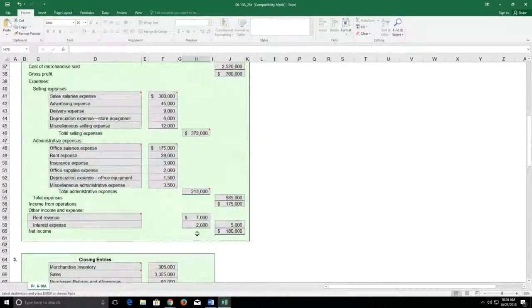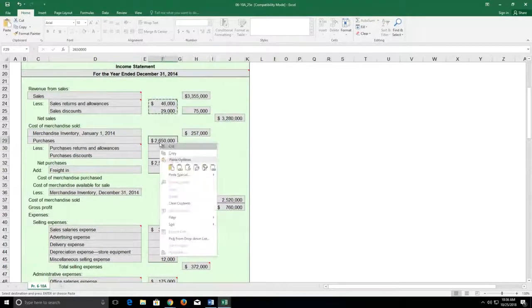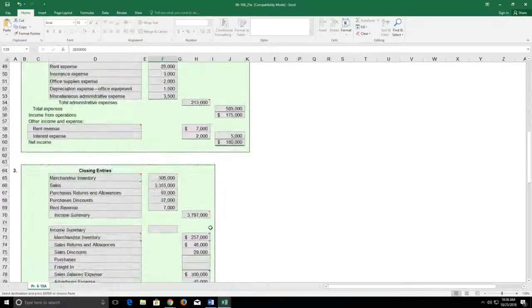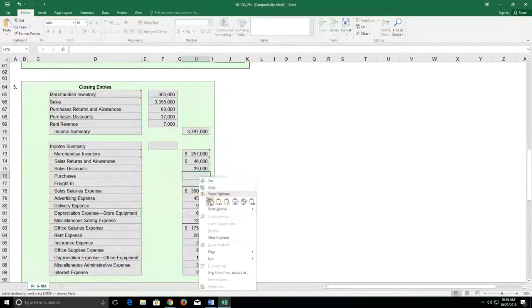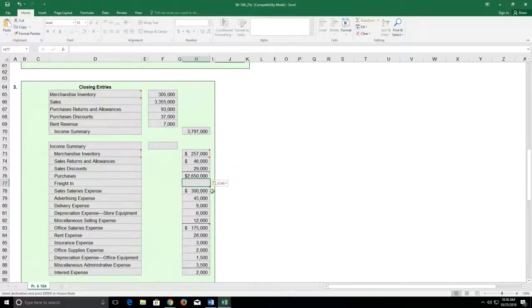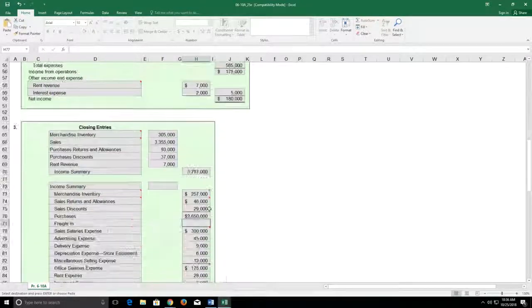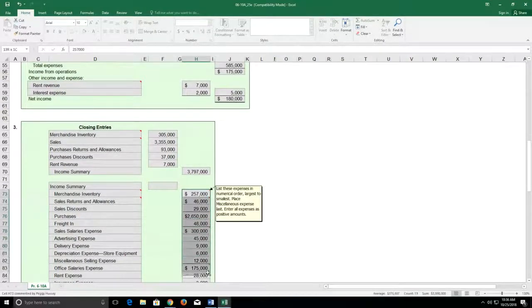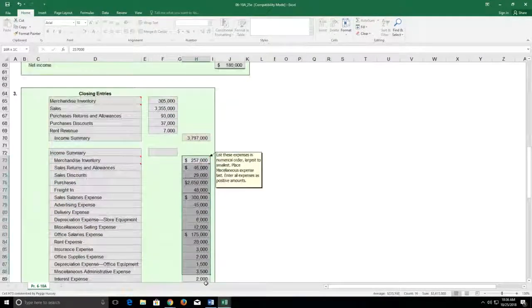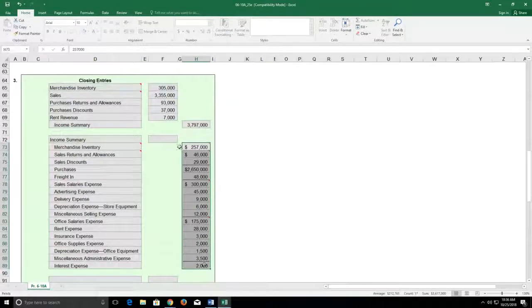And then our purchases. And our freight in. So finally, we got them all listed. Total expenses of $3,617,000.